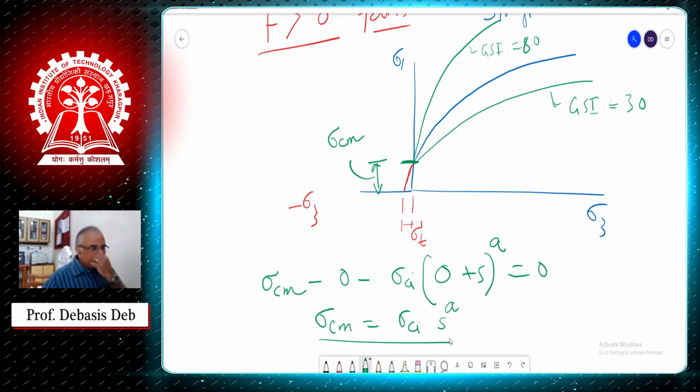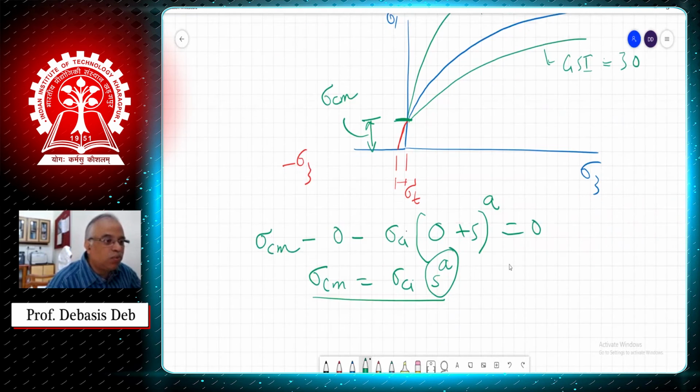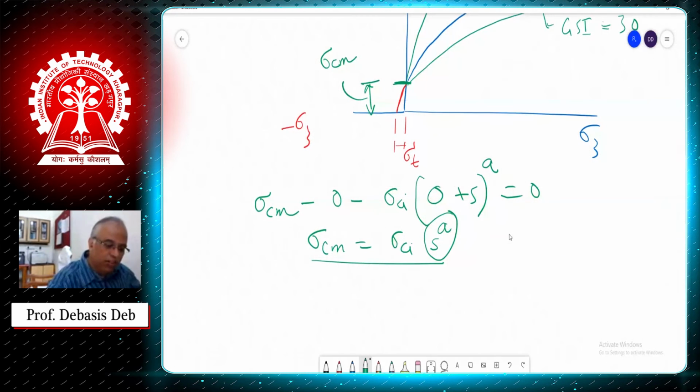Okay. Now, if you are to calculate what is the value of this S power A? If you can quickly calculate, let me give you a quick problem.